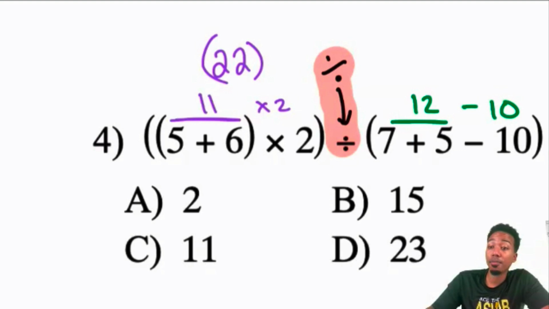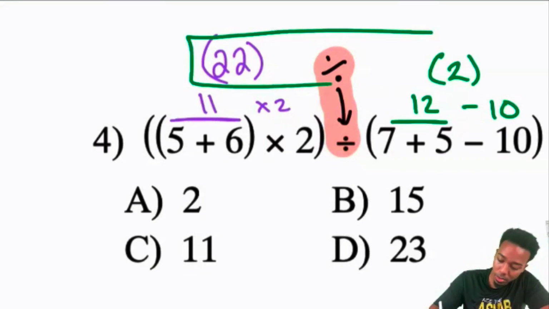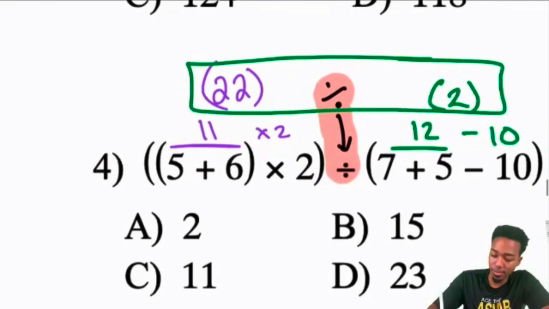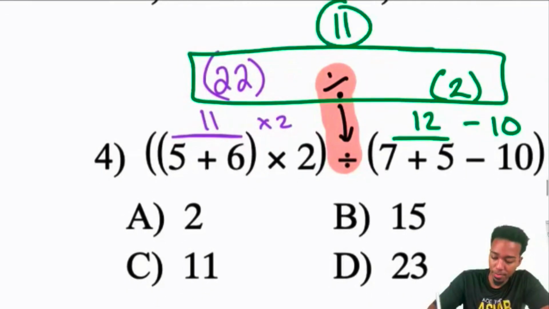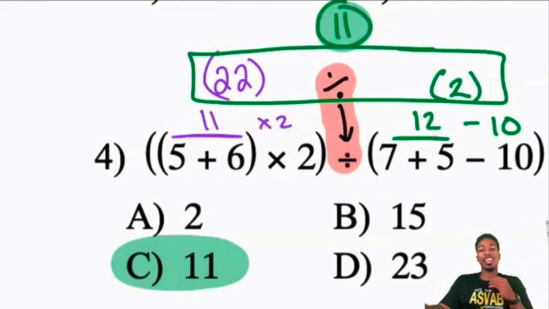Everybody, 12 minus 10 gives us what? 2. And so essentially what we have is 22 divided by 2. Everybody, 22 divided by 2 is 11. And that's our final answer. That's going to be C. That's going to be C right there.